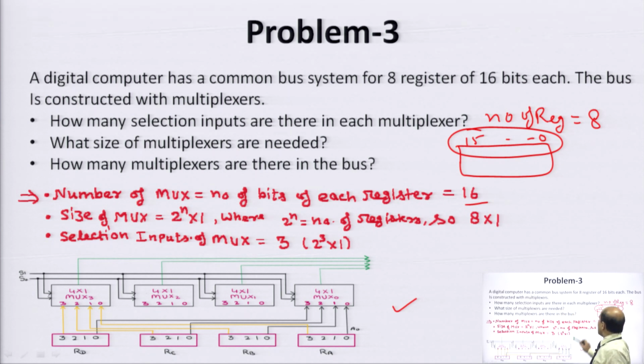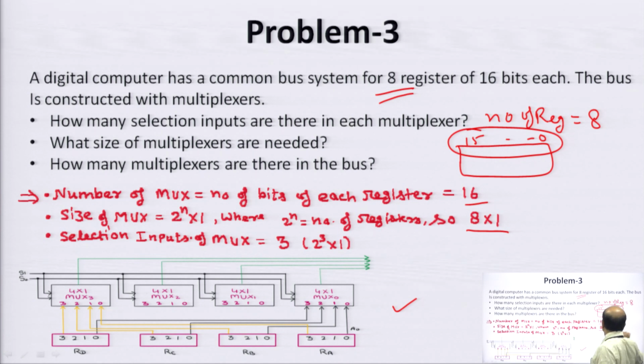In this case, how many registers are there? There are 8 registers. So, the size of the multiplexer in this case will be 8 cross 1, and a total of 16 multiplexers are required, where each multiplexer has size 8 cross 1.